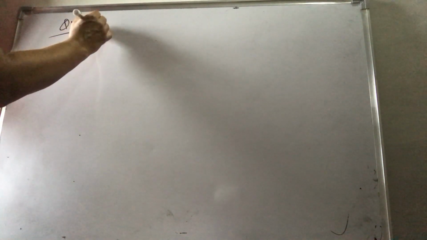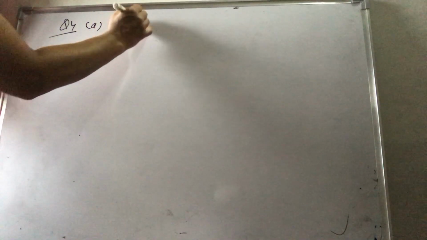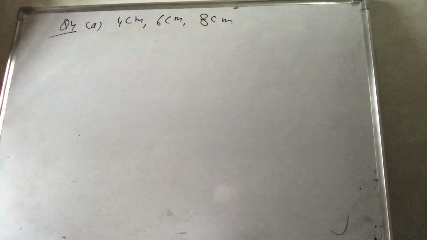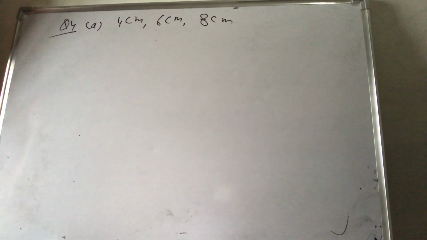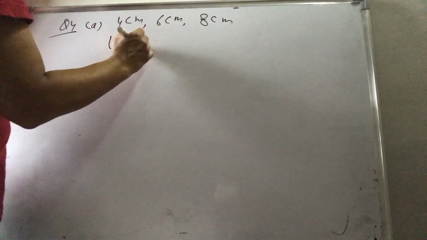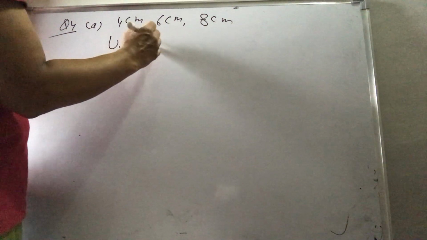Question number 4, A part, we are given the sides 4 centimeter, 6 centimeter, 8 centimeter. As we know, the longest side is always called the hypotenuse. So 8 centimeter will be the hypotenuse.